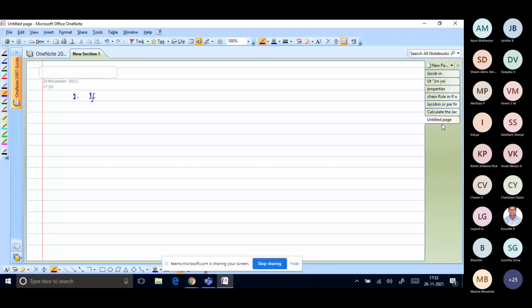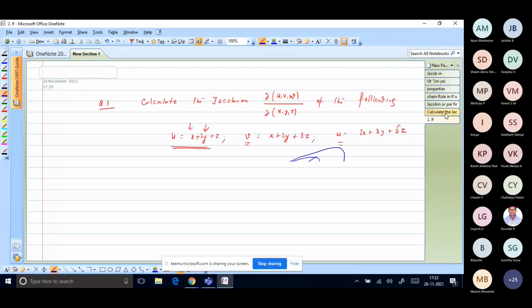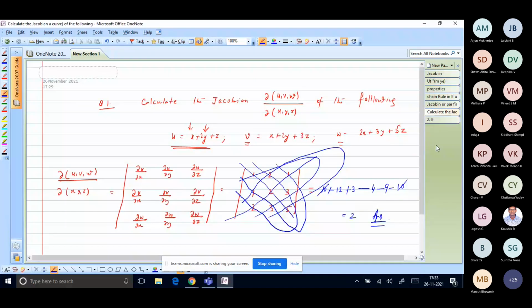Sir, could you please go to the last page, sir? I Huh. just wanted to see the sum and write it down. Thank you, sir. Okay. Got it, sir. Yeah, fine.